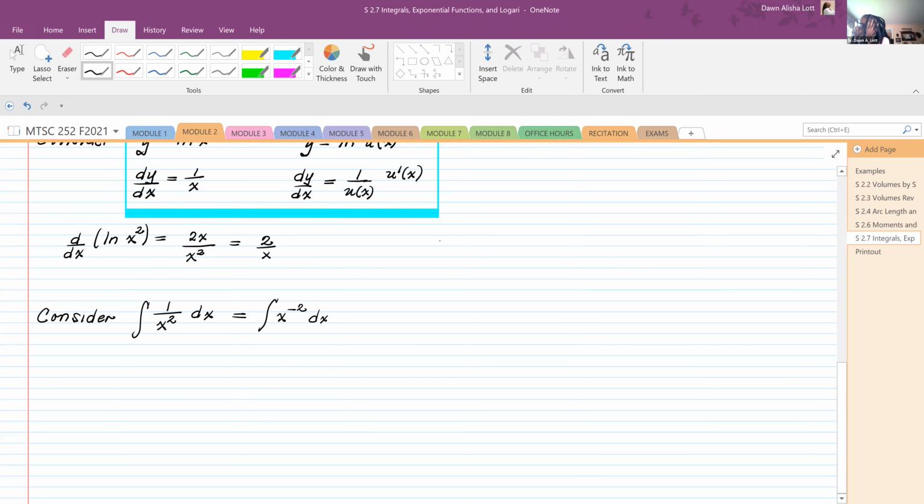We remember that the integral of x to the n dx is x to the n plus 1. You know, I tell you, I truly believe something went wrong in Calc 1 that you guys don't know this. It's actually scary to me.